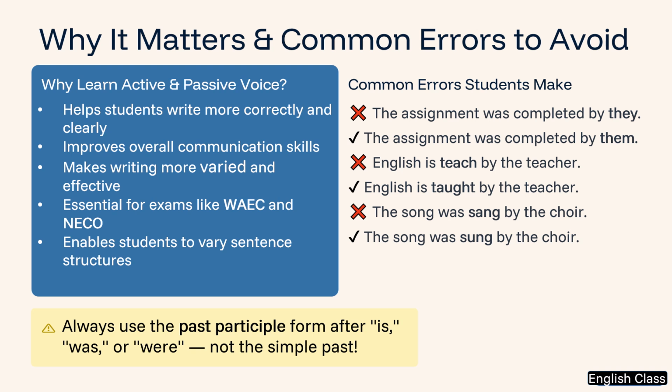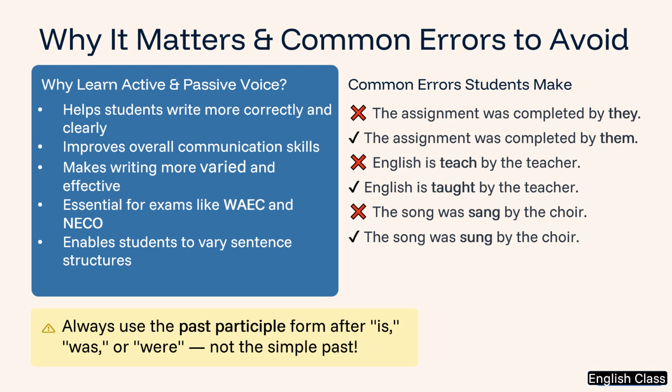Now, what are the common errors students make? Students make a lot of errors with active and passive voice. Now, one of the errors they make is, look at this example. The assignment was completed by day. How can you say day? By day? No, it's wrong. Just because in the active voice you have they completed the assignment, it doesn't mean you should say the assignment was completed by day.